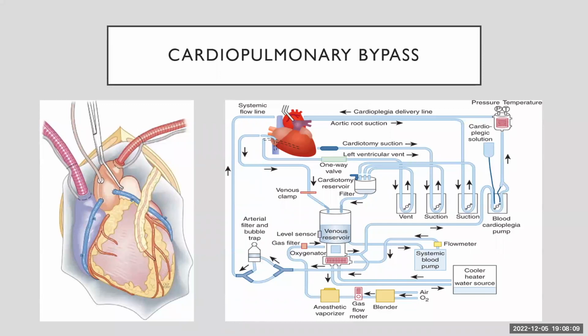Similarly, the process of either centrifugal or roller pump can also lead to injury to blood, and again activation of cascades that essentially form part of an inflammatory response pathway. And this again has bearing on the perioperative management of the cardiac surgical patient.